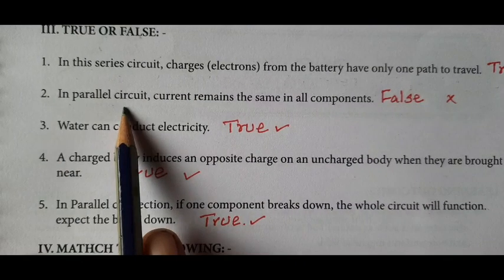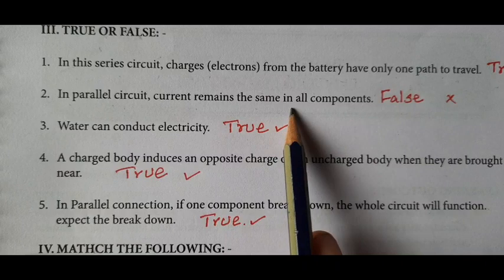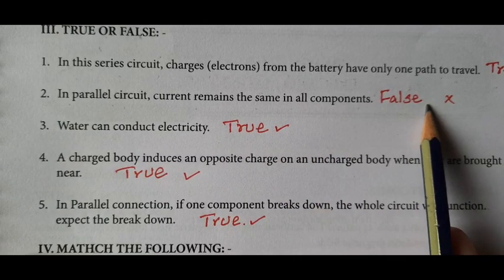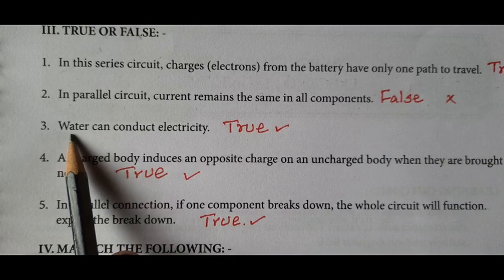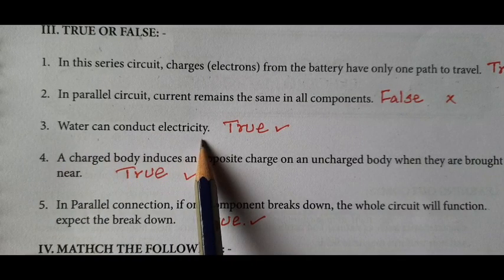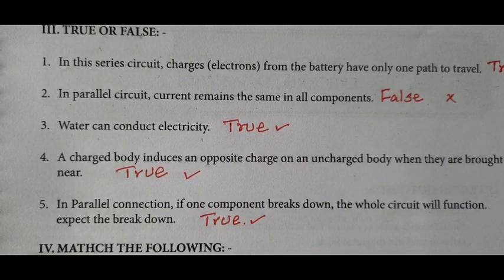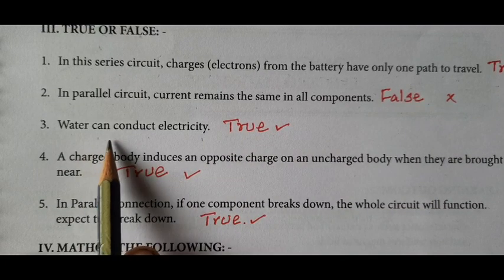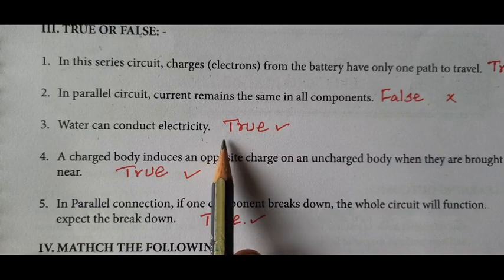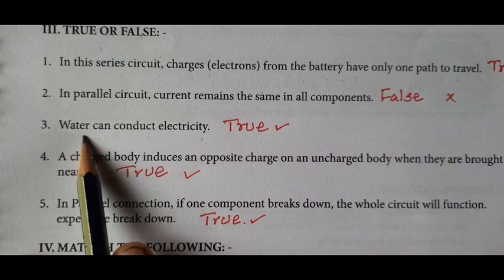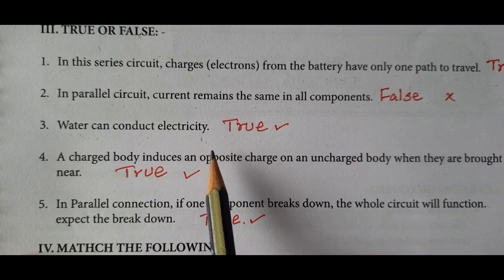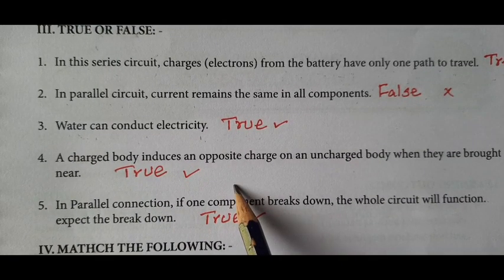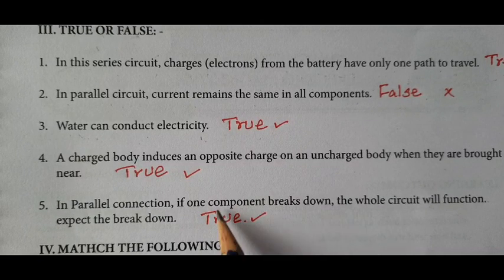Second question, in parallel circuit, current remains same in all components. False, not same. Okay. Water can conduct electricity. True. Distilled water does not conduct electricity, but ordinary water, fresh water, conducts electricity, because fresh water has a number of minerals dissolved in it, which makes ions, positive or negative.